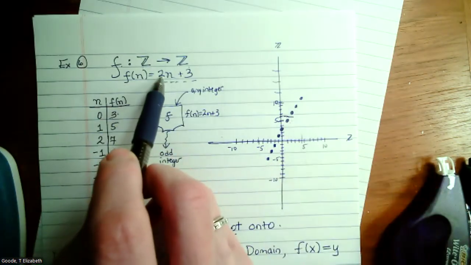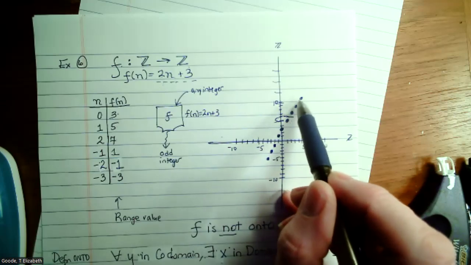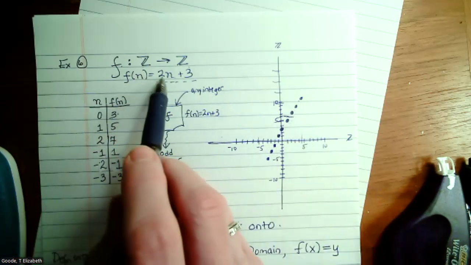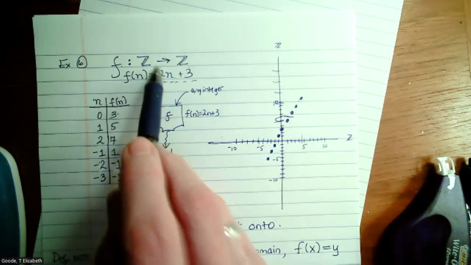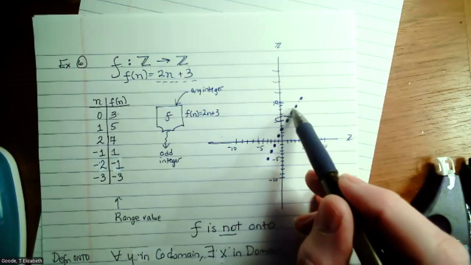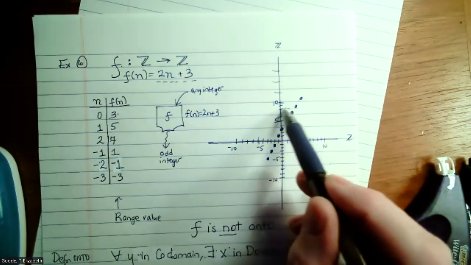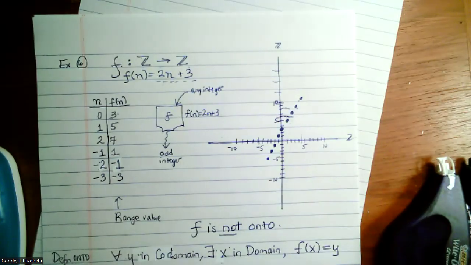If this slope is 1, you'll be able to hit every integer because these go up by ones. But if this slope is 2 or 3 or 5 or negative 6, if the magnitude of the slope is greater than 1, there'll be enough space between the points that there will be integers y that you can't map to. Wow.